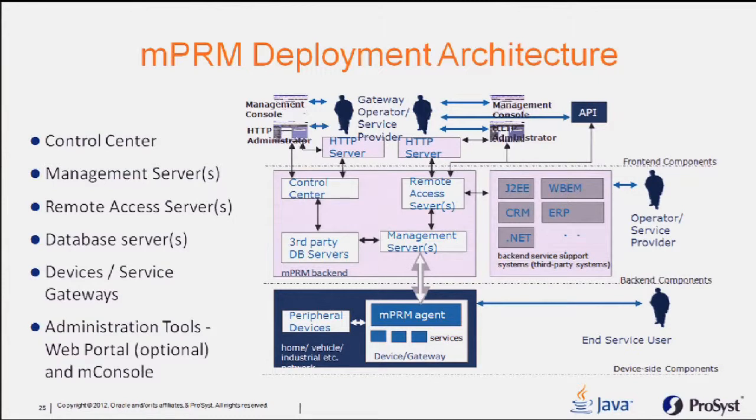From a technology perspective, the mPRM is basically a Java-based application that can run on a standard Java VM or can be run concurrently with a Java EE application if you want. It itself is OSGi based, so it's extremely modular.